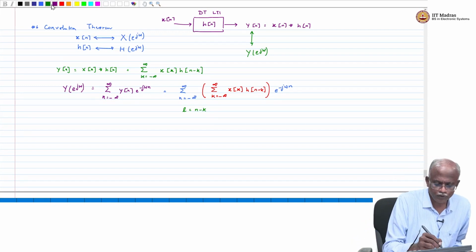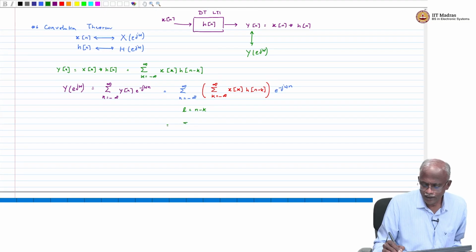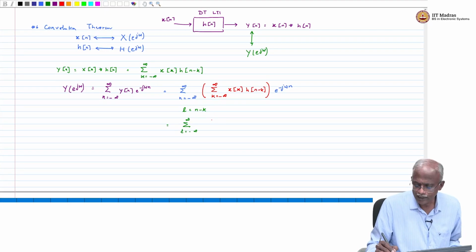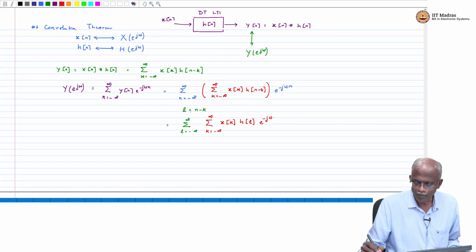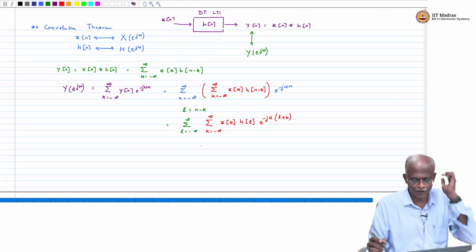So, this becomes summation L equal to minus infinity to infinity, and in the inner summation, k equal to minus infinity to infinity x of k, remember h of n minus k now becomes h of L, and e power minus j omega n, where n is equal to L plus k. Basically just a substitution.